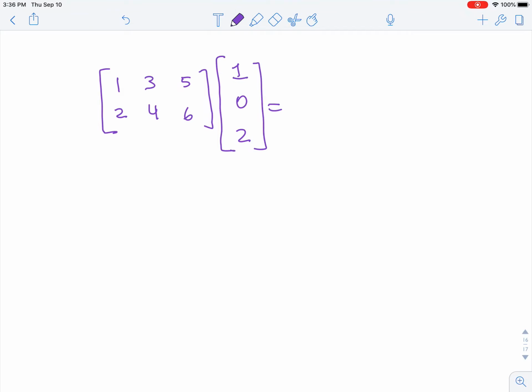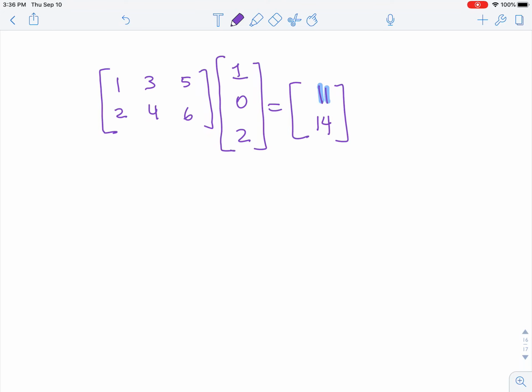There's also a shorter way to do it, which is to go across the first row and go down. If we do that, we get 11. And in the second row, we get 2 plus 12, which is 14. So at the end, we get the matrix 11 and 14.